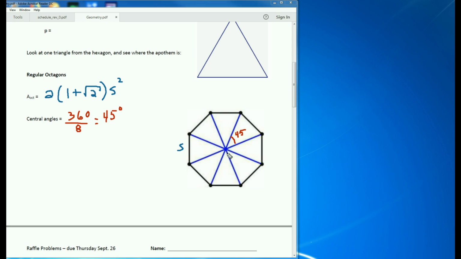So if we were going to draw the apothem and then make a triangle out of this, then we're splitting 45 in half. So that makes each of these, what's 45 divided by 2? 22.5 degrees. It's not going to be one of our special right triangles. So that doesn't really do us so much good.